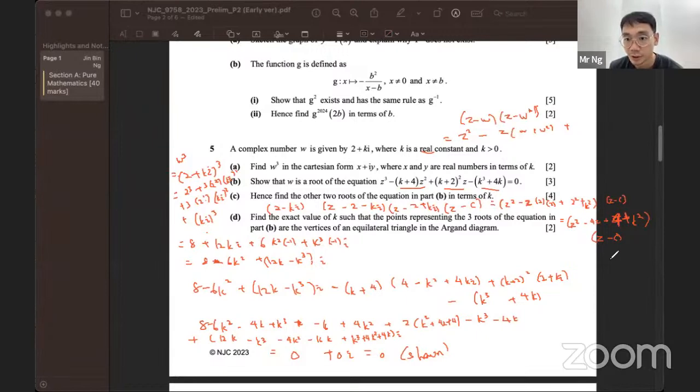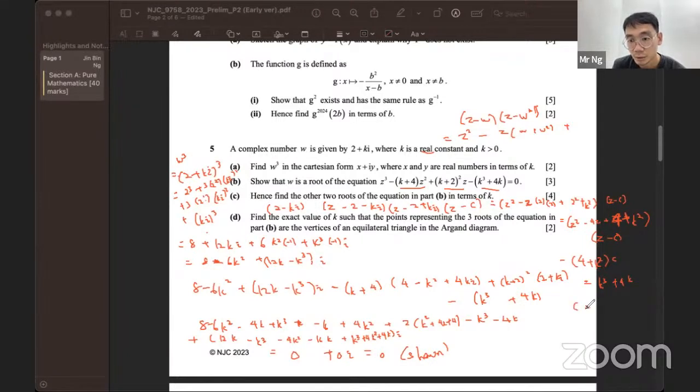Okay, so need to figure out what is c. So you need to compare with something. I just compare with the constant now. So 4 plus k squared minus d equals to k cubed plus 4k.